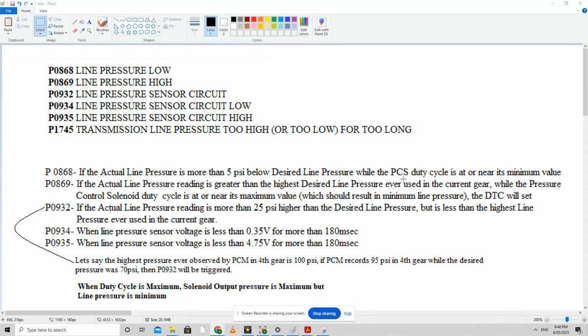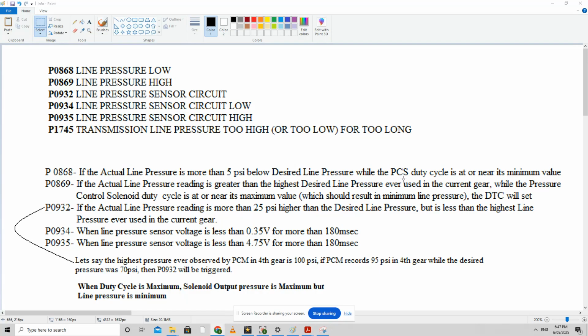This is the pressure control solenoid, and if the duty cycle is low, then it expects a higher pressure. First of all, when a solenoid has a low duty cycle, the direct output of the solenoid is high, but that high output controls the eventual line pressure, so that should be low.